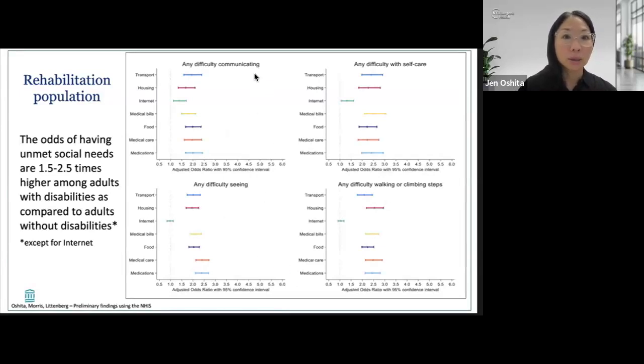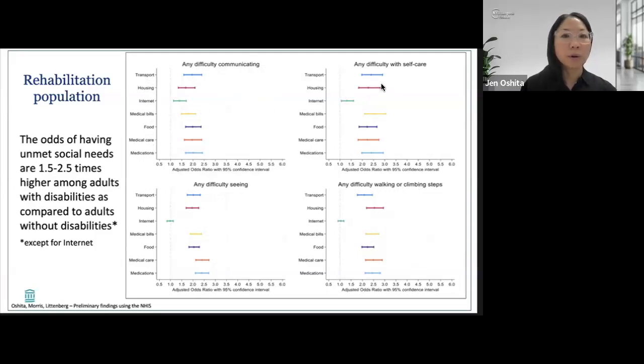So you'll see in these forest plots, we have 4 forest plots broken down by disability type: any difficulty communicating, any difficulty with self-care, any difficulty seeing, and any difficulty walking or climbing steps. And on the y-axis, we have the type of unmet social need, whether it's in transportation, housing, internet, medical bills, food, medical care, or obtaining medications.